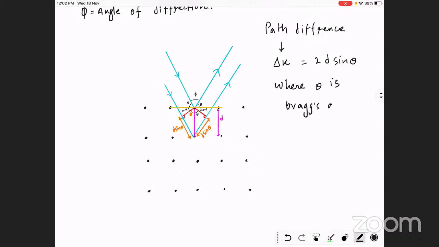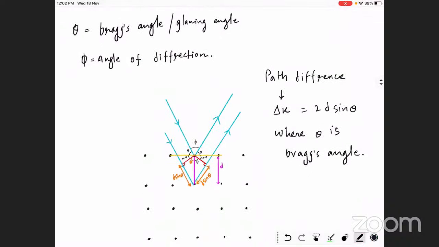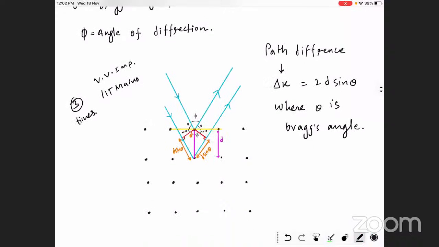Where theta is Bragg's angle, also known as glancing angle. Okay, understood or not? Very important for IIT Mains. Very important, bachcho. Already asked 3 times in the exam. Okay, and in 2008 when I wrote IIT Mains, this question was there, and I made a mistake.